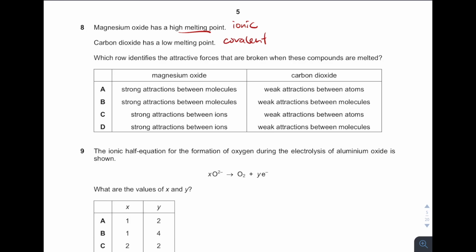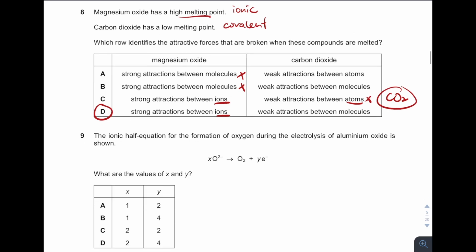So the answer can be B, it cannot be A. It has to be ions for magnesium oxide, an ionic compound that has strong forces of attraction. Carbon dioxide molecules have weak forces of attraction between the molecules, so it cannot be atoms. So the answer is D. CO2 is a molecule.